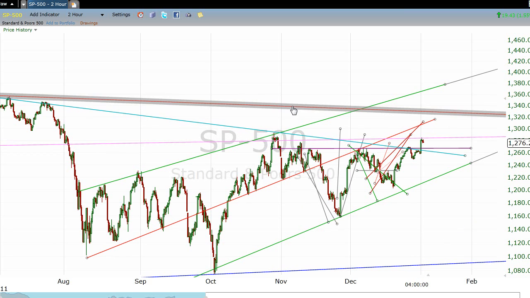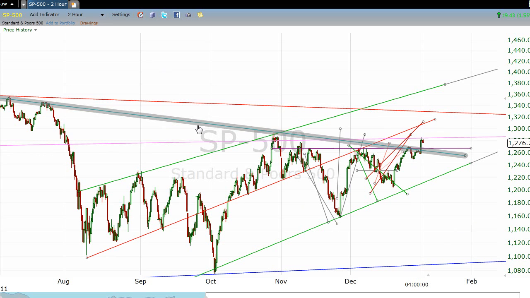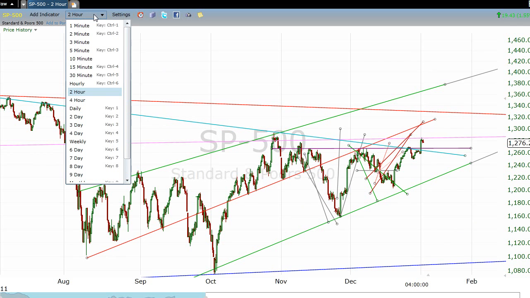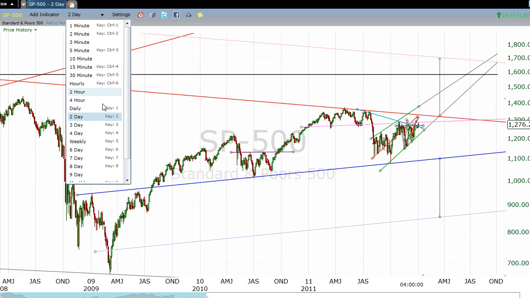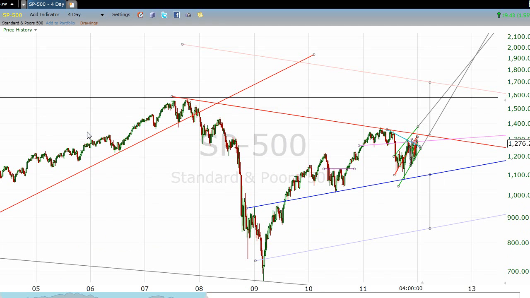Now I think this red line is probably going to be more important and more powerful than this line because it has a little bit more of a history to it. Matter of fact, we got to go back a ways. This red line is the tops of the 2007 bull run, drawn all the way down to the 1370 top of 2011.